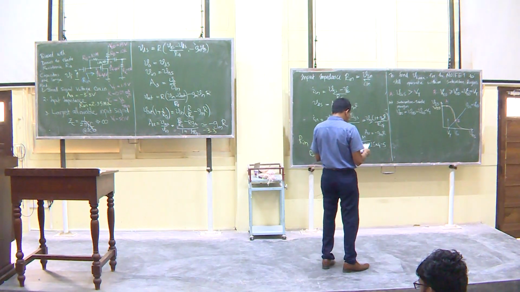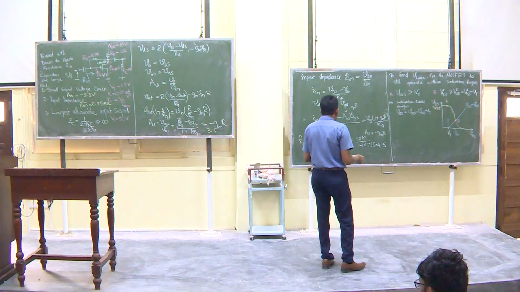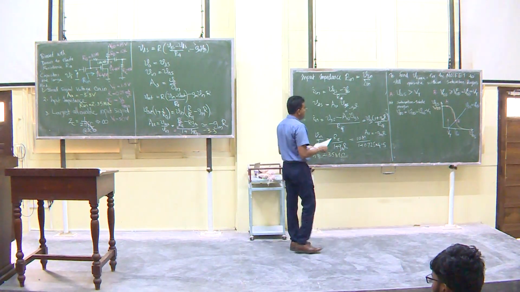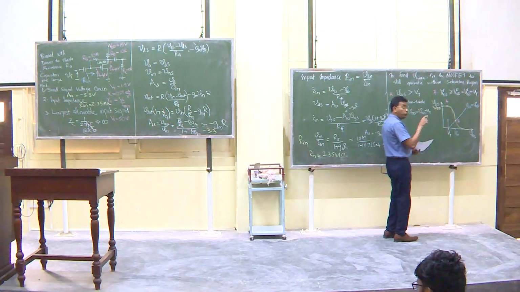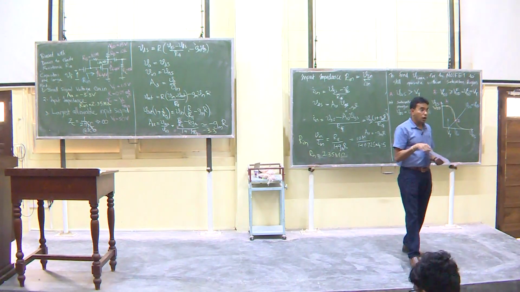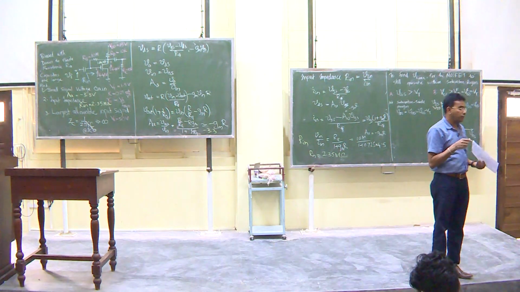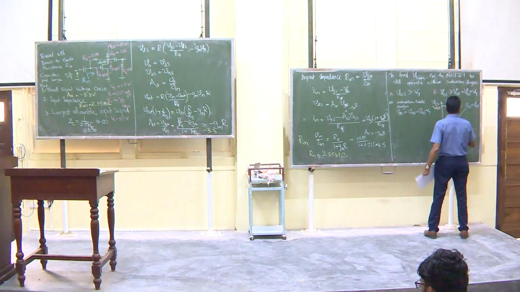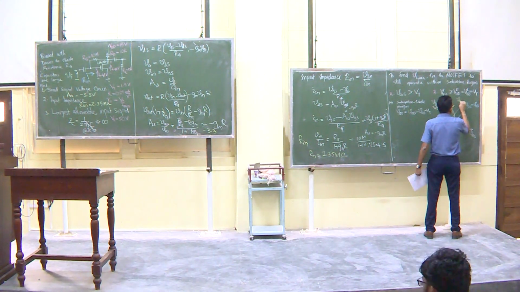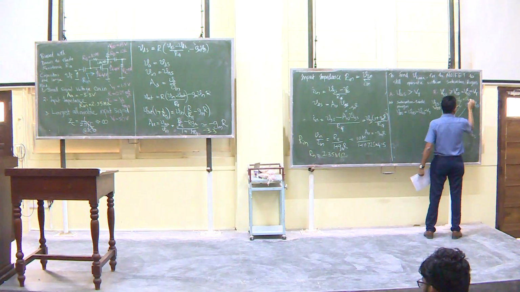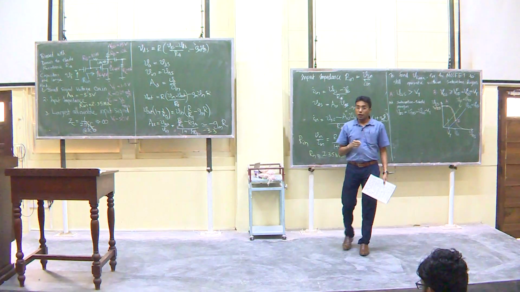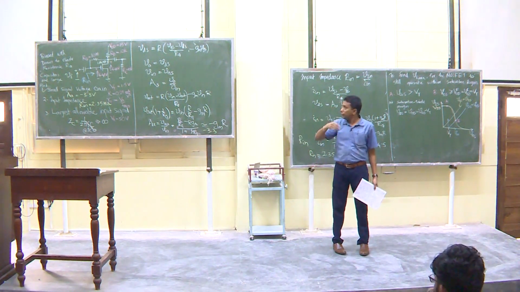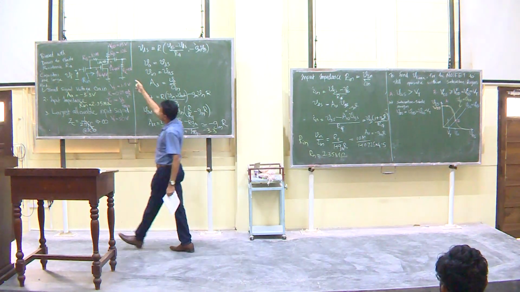But we also know, if I draw my operating point, where does my operating point lie? VGS equals VDS, right. If I draw the VDS equal to VGS curve, the operating point has to be there, because at DC there is no current through RG.